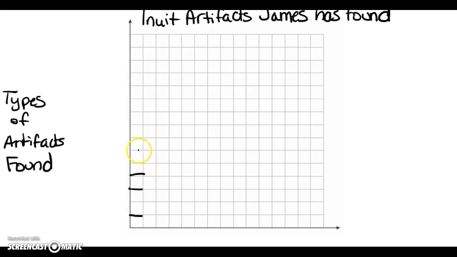Then you go 2 squares for your next type of artifact. Leave a space, 2 squares for your type of artifact. Then leave a space, 2 squares for your artifact. Leave a space, and then 2 squares for your artifact. So what we should be able to find is that we have 1, 2, 3, 4, 5 little bars there to represent the types of artifacts found.